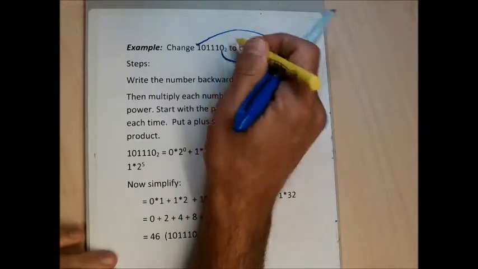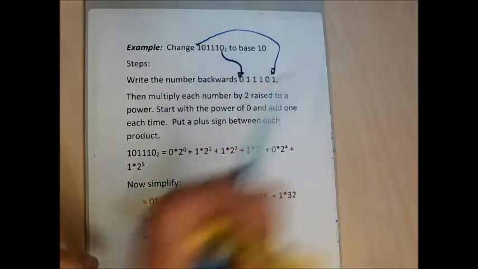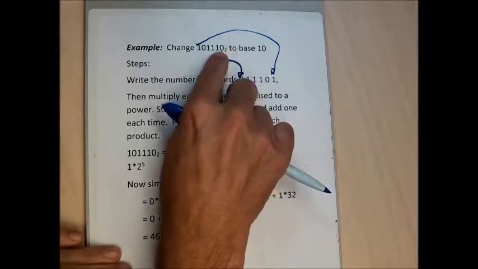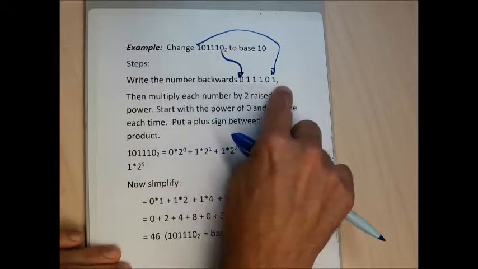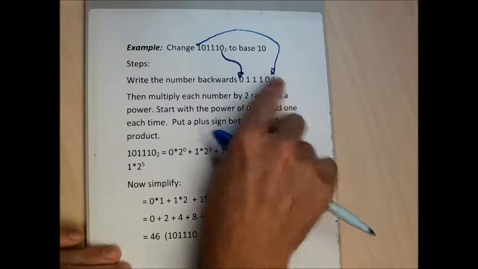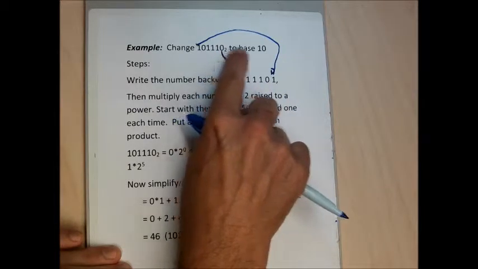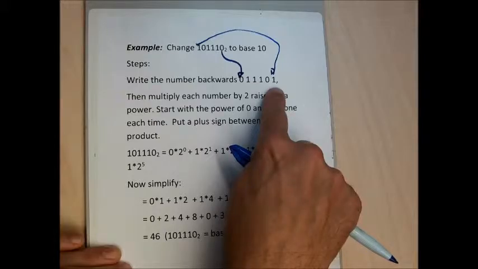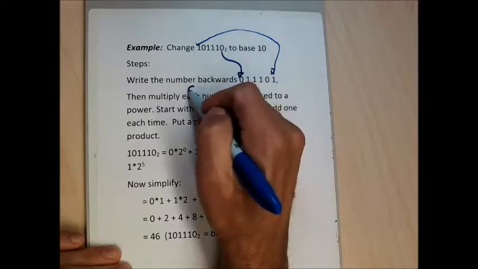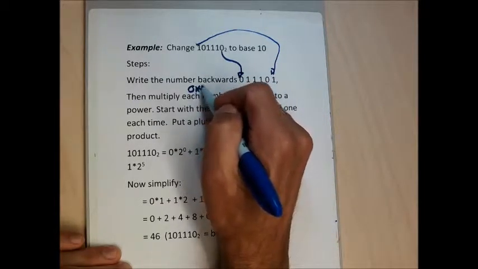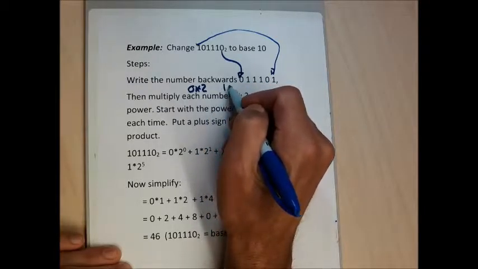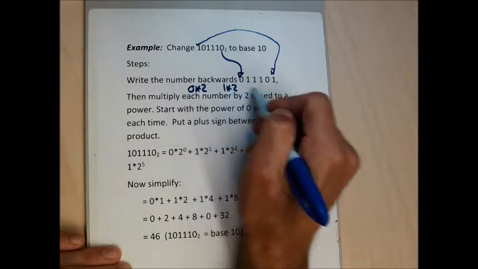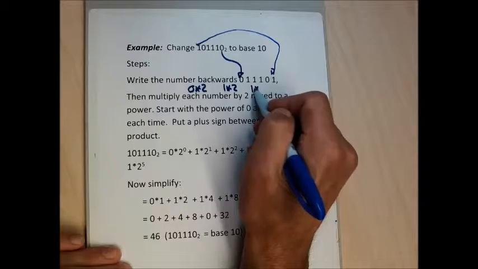So I wrote 011101. This 011101 is the number written backwards. So to convert from a base that's not base 10 into base 10, the first thing you do is take your number and write it backwards. And then next to each one of those numbers, you multiply by the base with an exponent.